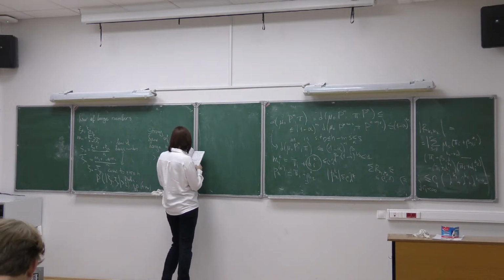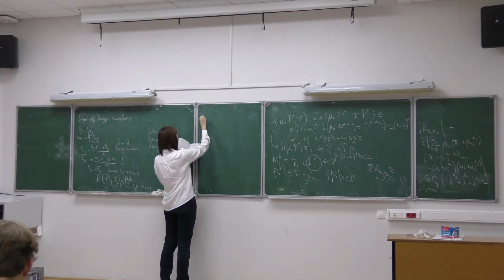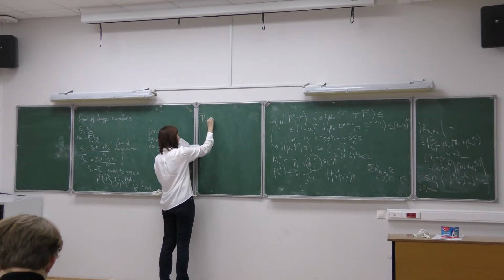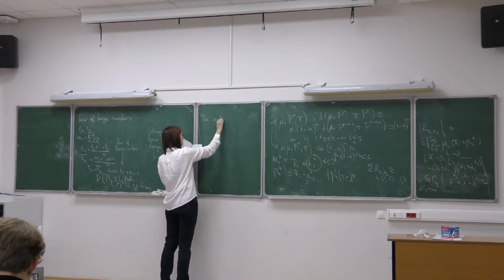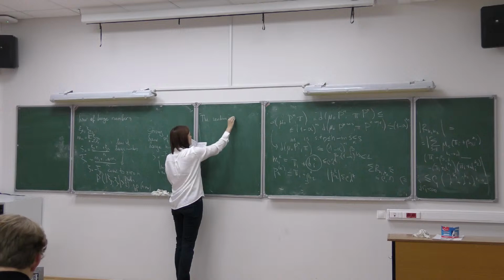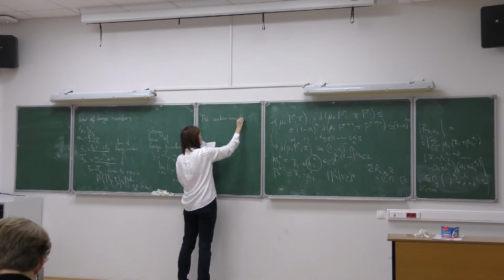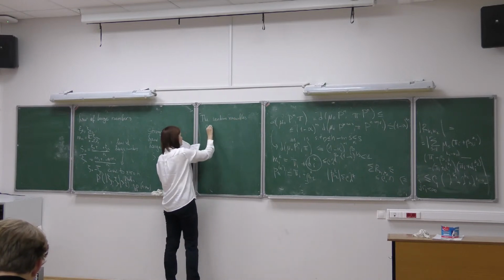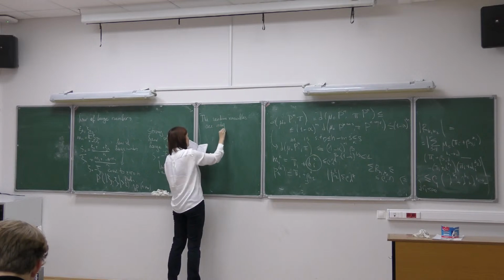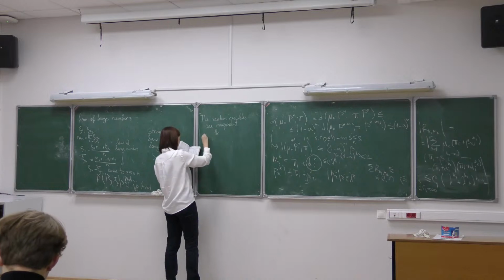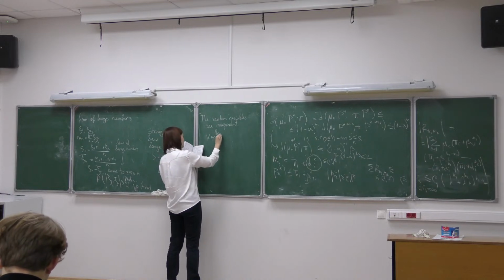We say that the random variables are independent and the variance is finite.